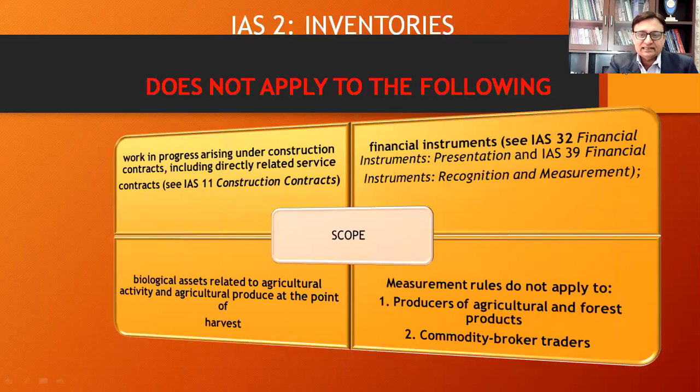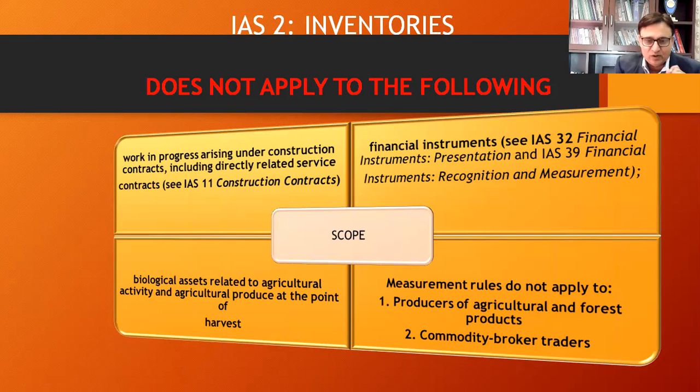Now, there are certain kinds of things which are lying in the organization. They may be covered under the definition of inventory, but IAS 2 will not be applicable to them, because for such kinds of things we have separate international accounting standards because of their special nature.